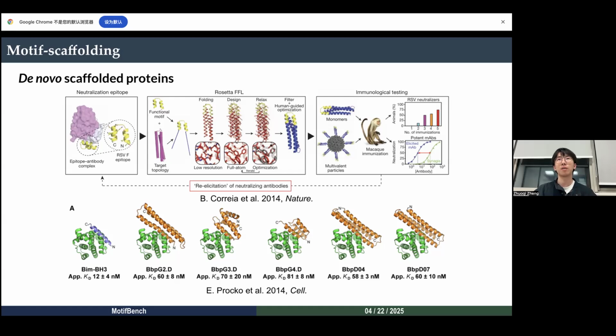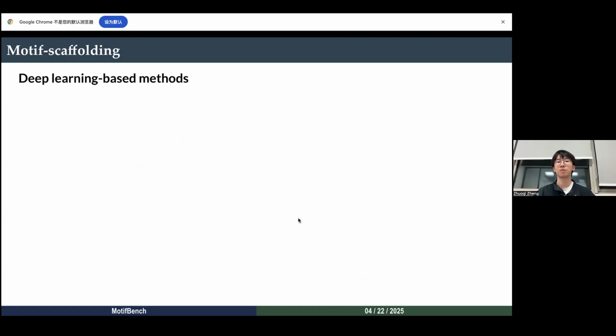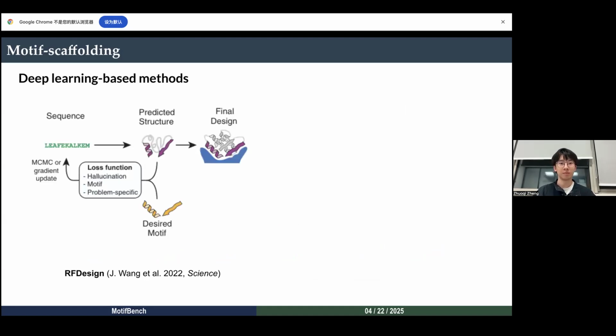So what about the recent years with the advancements of these learning methods? Basically, there are many schemes for designing motif scaffolding proteins, and I'll select two of them with two early works representing both categories. The first one is what we call hallucination.